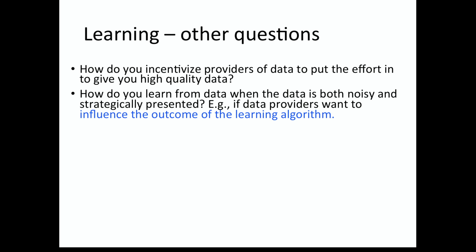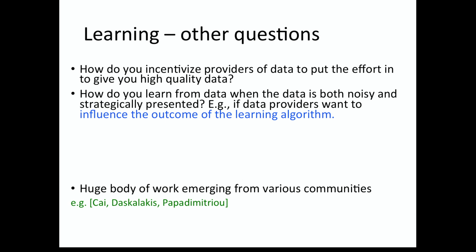So for example, suppose the providers of the data actually want to influence the outcome of the learning algorithm. So there's a huge body of work that's emerging from various communities, not just ours, on questions like this. I just point to one reference from our community. But I think there's lots and lots of questions to answer here.